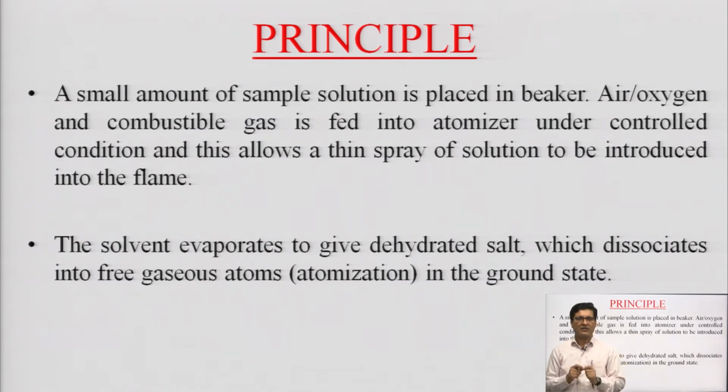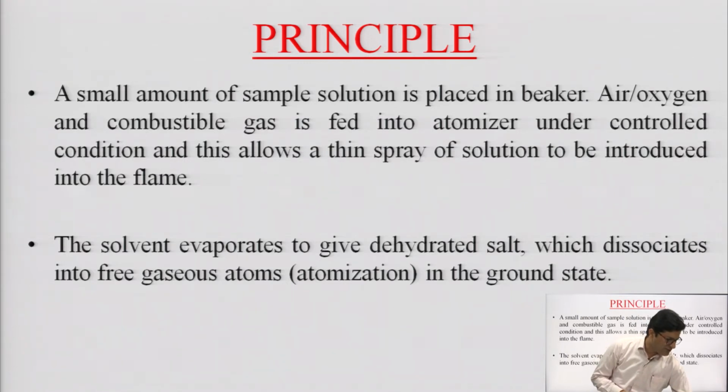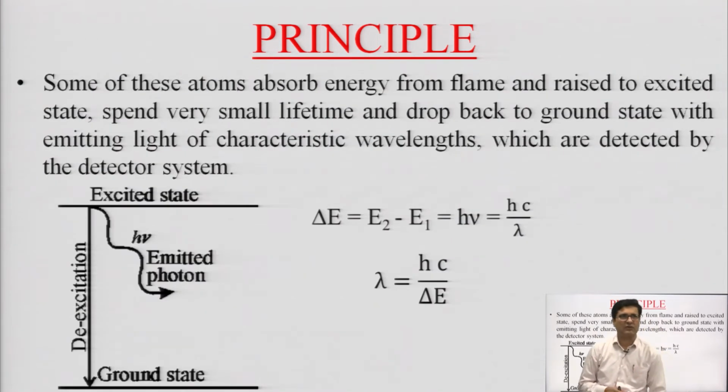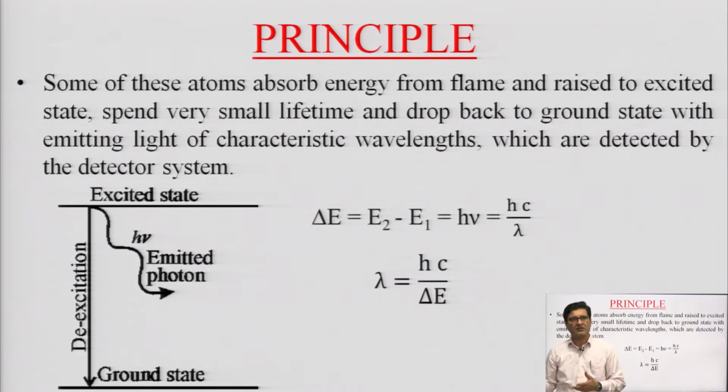The solvent then evaporates, gets dehydrated and further dissociates to free gaseous atoms in the ground state. Some of these atoms absorb energy from the flame and are raised to the excited state, spend a little time there, then drop back to the ground state by emitting light of a characteristic wavelength, which is detected by the detector system.